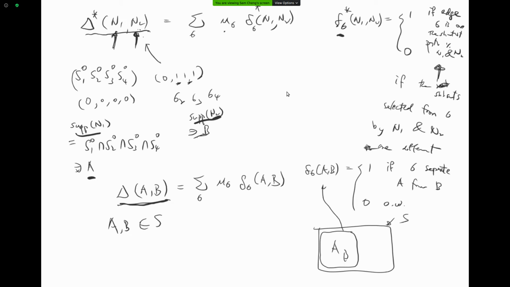So in that case I will have delta sigma AB equal to 1.